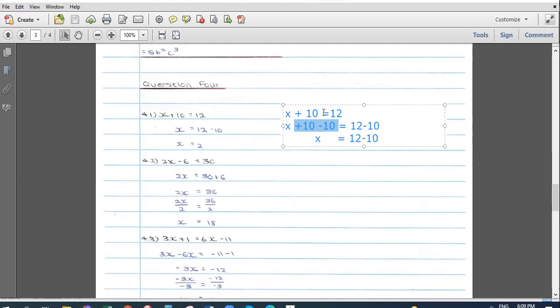So we need to subtract 10. Then we also subtract 10 on that side. So in the future, we will do this mentally, knowing that we have to subtract 10 and the 10 will no longer exist. So it'll become x is equal to 12 minus 10, which is what we have here. And 12 minus 10 is 2.